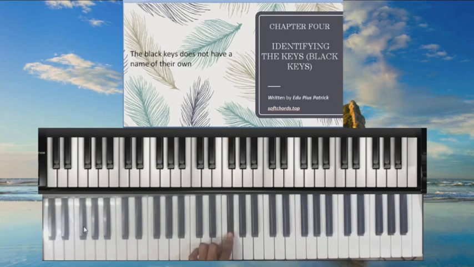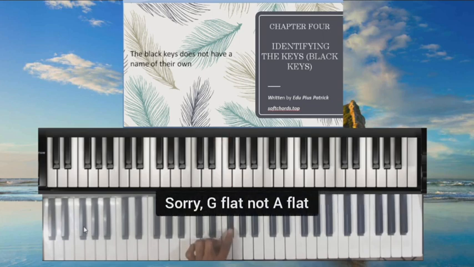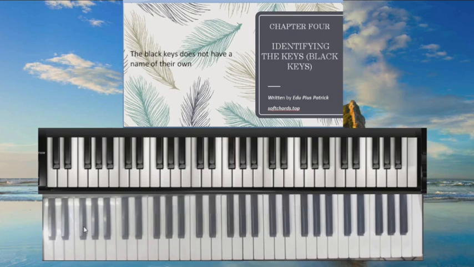Then you take the note after it and move backward, it becomes a flat. So this black key has two names. From here to here, it gives F sharp. From A backward, it becomes A flat. Hope you understand it.